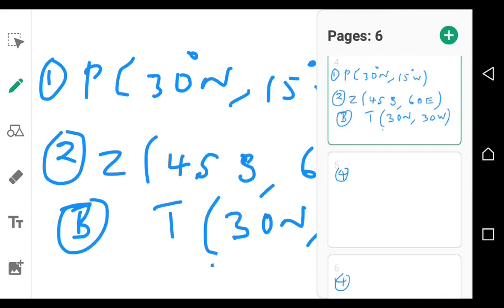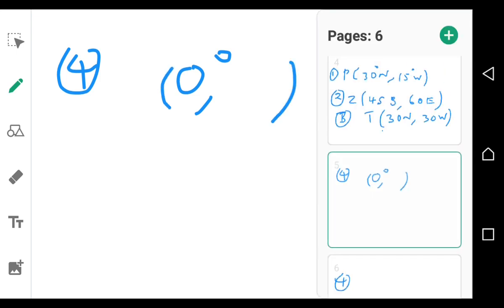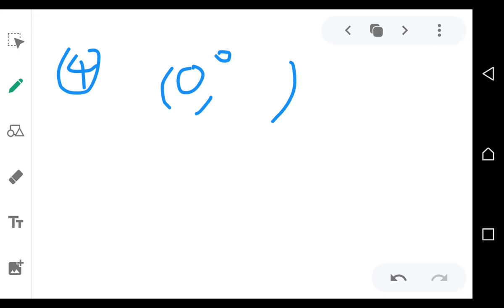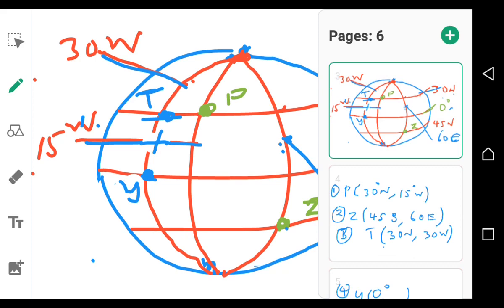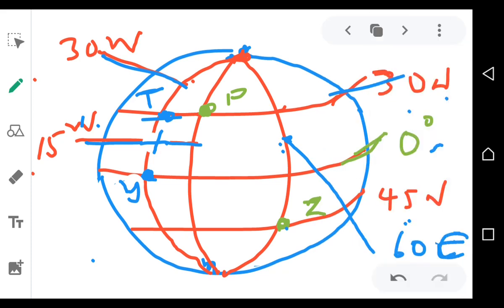So position Y on the x-axis is 0 degrees. On the y-axis, you see it is on 30 degrees west. Y is lying on 30 degrees west. That's where the two lines intersect.